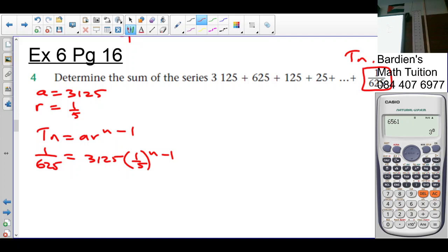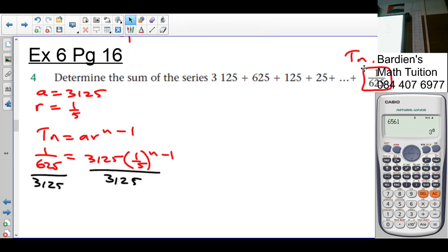So what's the first thing we need to do? Divide by 3125, both sides. It now gives us 1 over 625 must be divided by 3125.